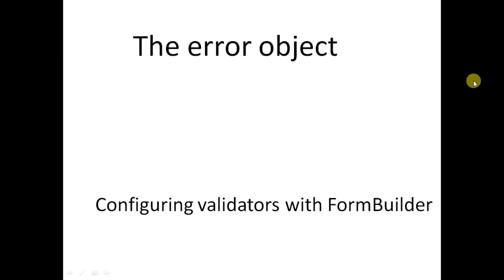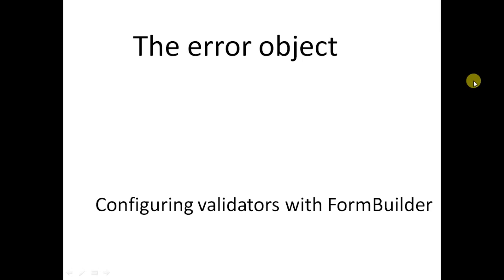Now the error object. The error returned by a validator is represented by a JavaScript object that has a property with the same name as the validator. Whether it is an object literal or an object with a complex prototype chain does not matter for the validator.